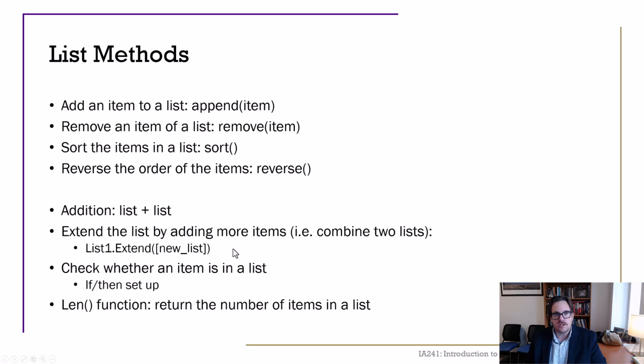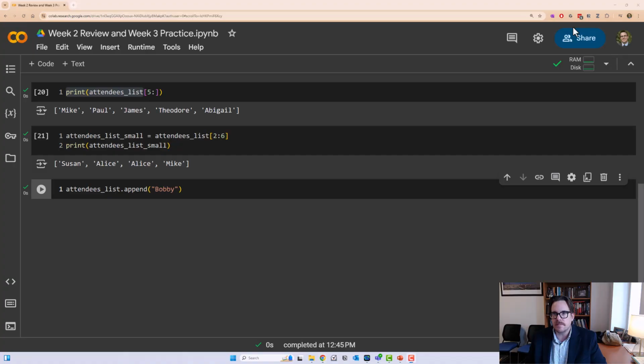We can check whether or not an item is in a list, so we can use an if-then type arrangement. We'll talk about that in a moment. And we can also return the length of the list as a function. I'll talk about that in just a second. Let's run through examples of each of these.